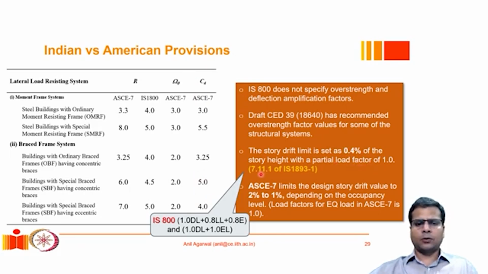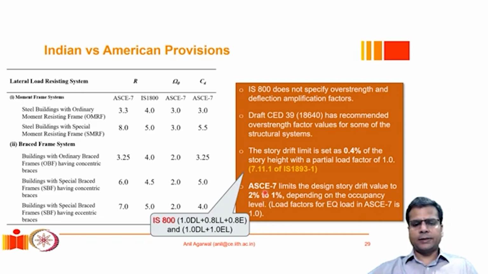If I go to IS 1893 part 1, clause number 7.11.1, it mentions that the story drift limit is set as 0.4% of the story height, which is relatively small in comparison to ASCE 7, the American code, which says that the story drift limit would be between 2% and 1%, depending on the occupancy level.